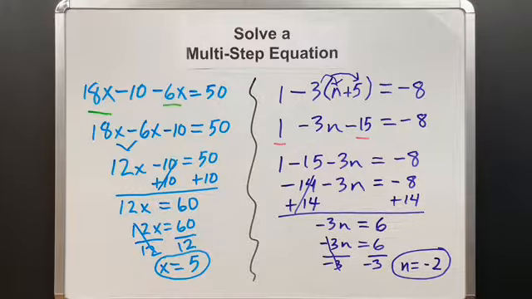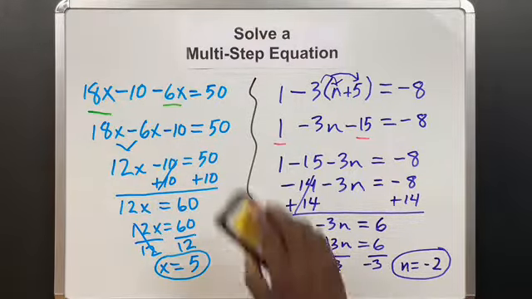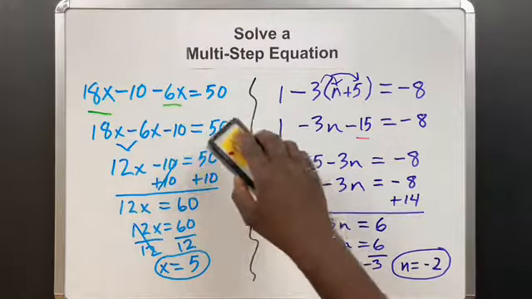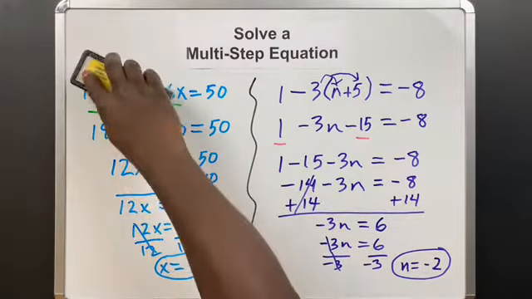All right, looking pretty good. I'm going to go ahead and solve one more equation, because I just want to cover a few different types of multi-step equations. All right, so I'm going to erase the equation on this side. I'll leave that one over there.